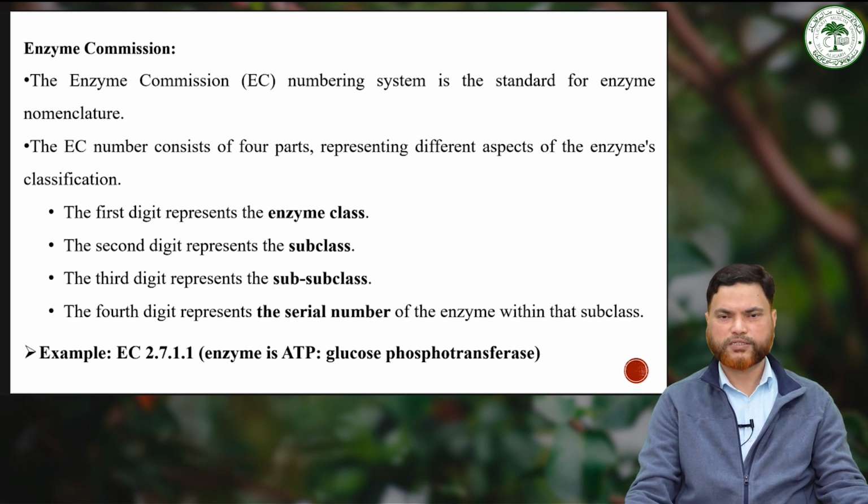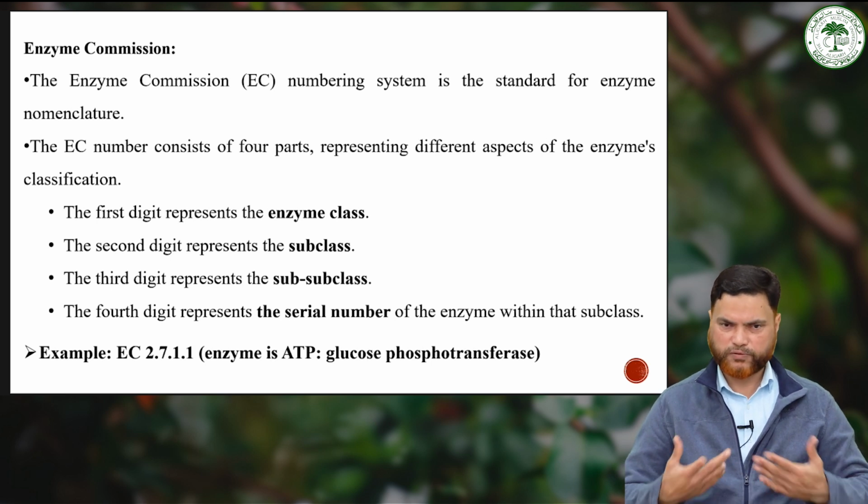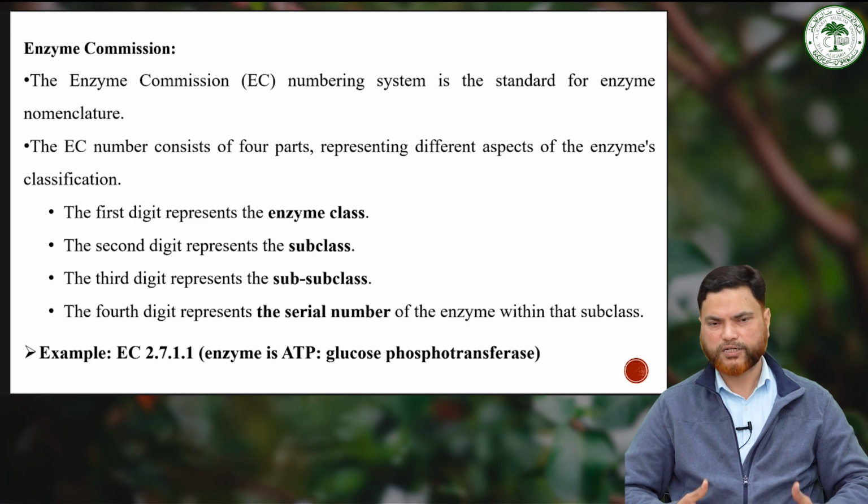This is very interesting to note, and its Enzyme Commission or EC number is 2.7.1.1, and this EC number provides very specific information about the enzyme. The first number 2, as I just mentioned, indicates its class as a transferase.